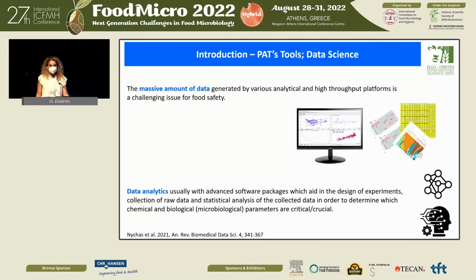Data science comes to solve a challenging issue for food safety, which is the handling of the massive amount of data generated with all these analytical and high-throughput platforms. And data analytics, of course, aids in determining which of the parameters, the chemical or the physical or the microbiological parameters, are the most critical for spoilage or safety.